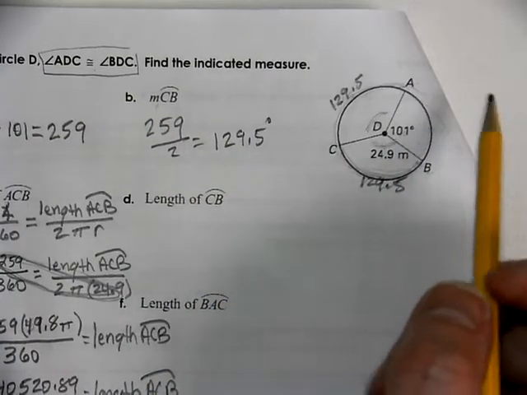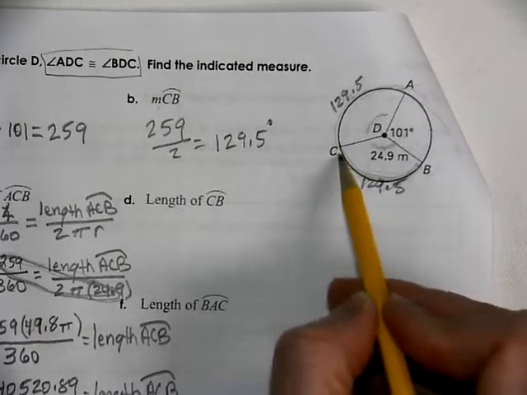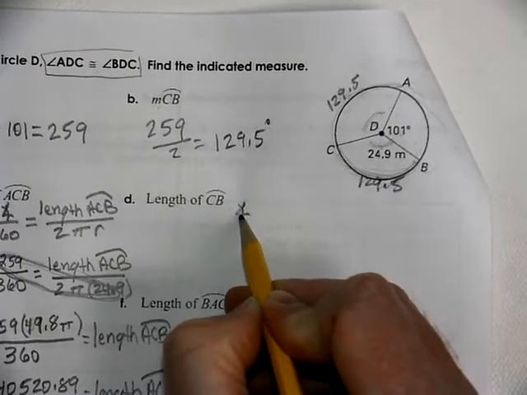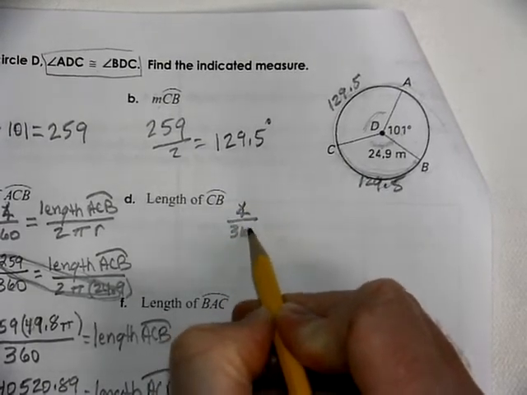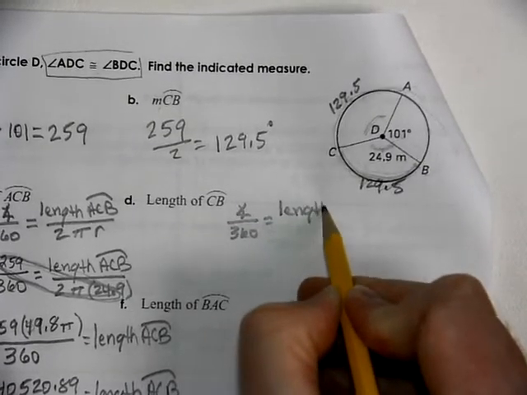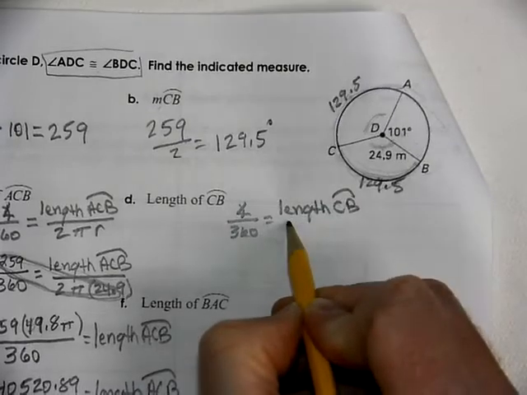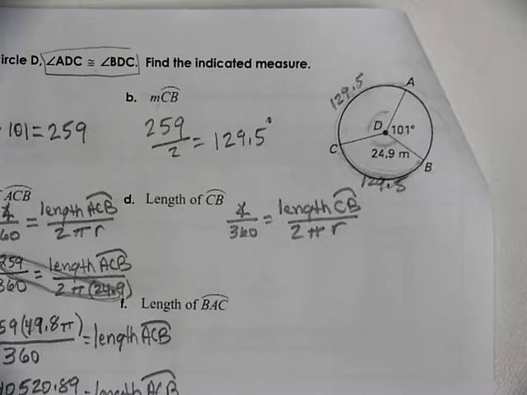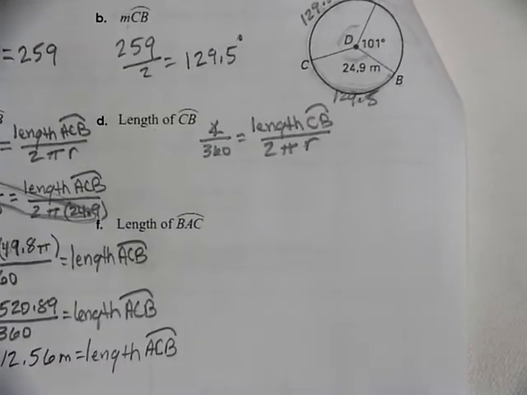All right. If we want to figure out this arc length of CB, we're going to take the angle value over 360, and that equals the length of CB over the circumference, which is 2 pi r. I'm starting all of these out with the same proportion, so get used to writing out that proportion.